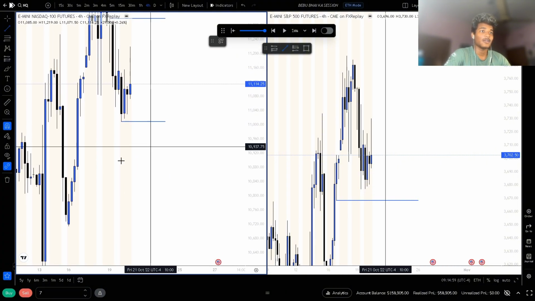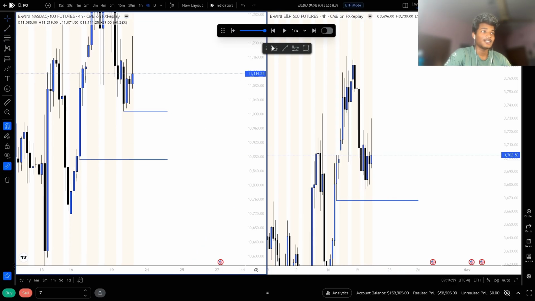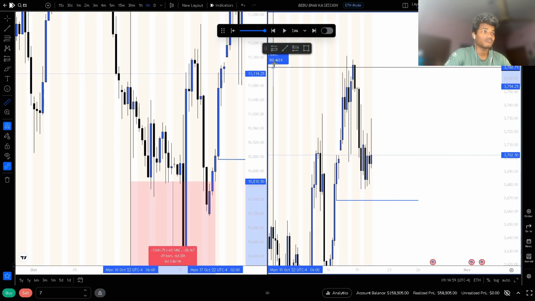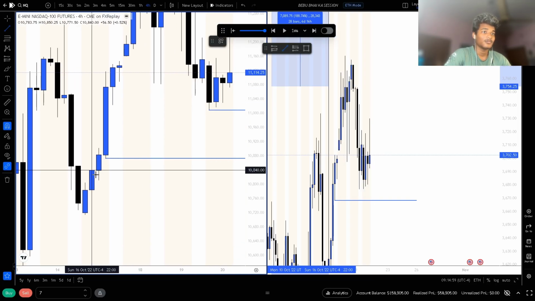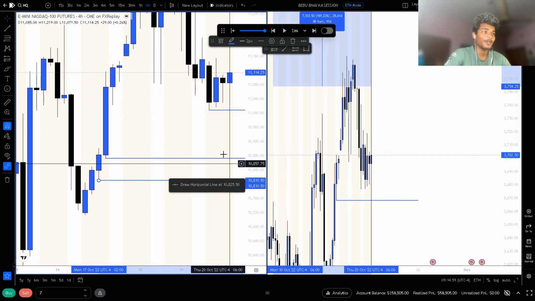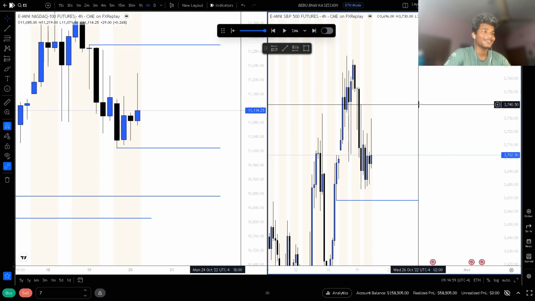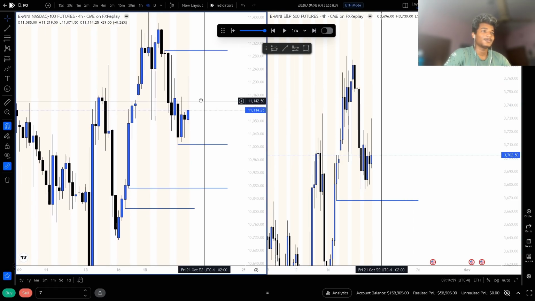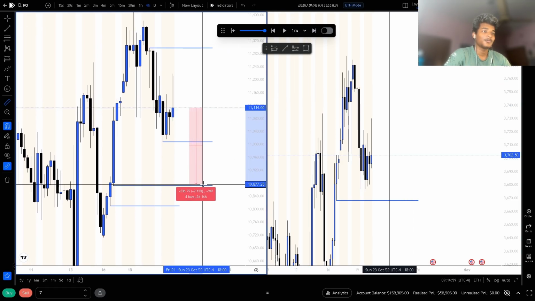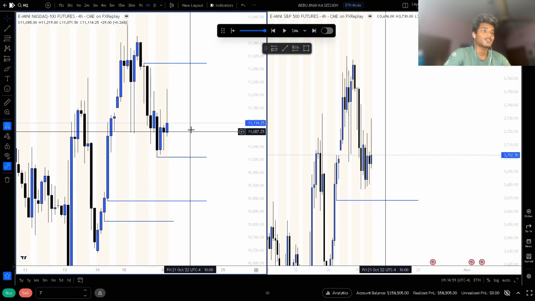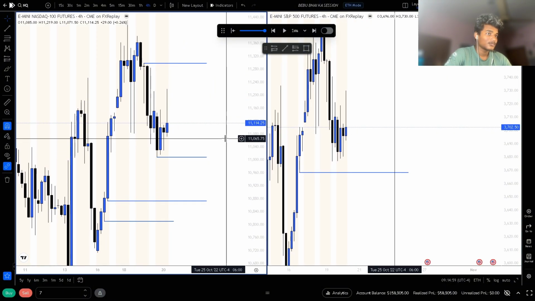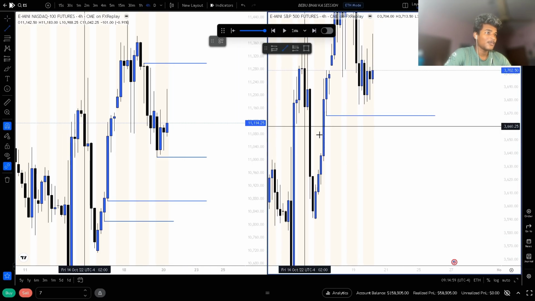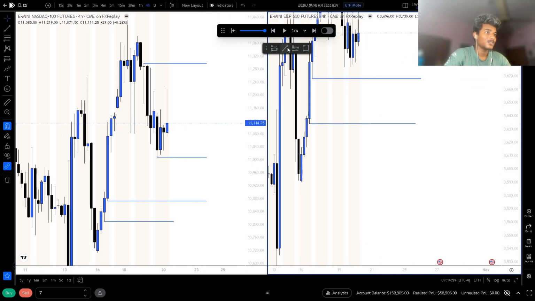We do still have these unmitigated gaps, but I don't feel like we are actually gonna manipulate into them. What the shit is this? Oh. So is it a bit too much for NQ? Of course, I just want longs today. So let me mark these gaps on ES as well.